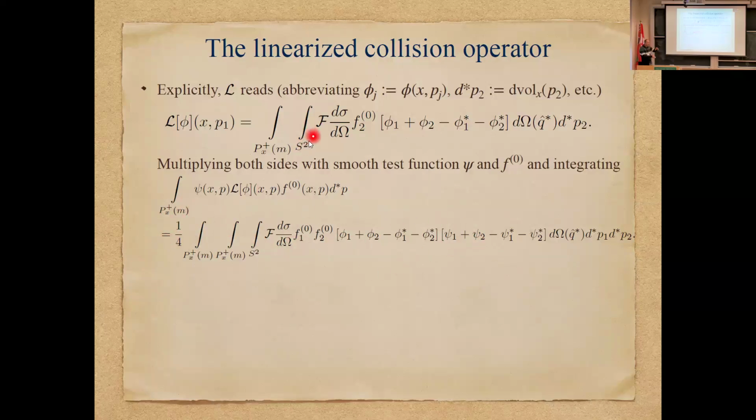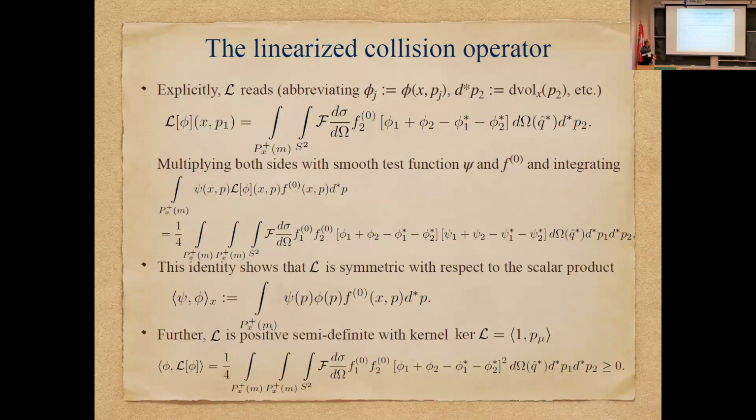And then again, if you use the symmetries I mentioned yesterday of the collision kernel, of the collision manifold, sorry, then you can rewrite this in this way here. And now you see that this is symmetric in phi and psi. Okay, so this invites you to introduce a scalar product and a Hilbert space, and then you will have a nice symmetric operator.